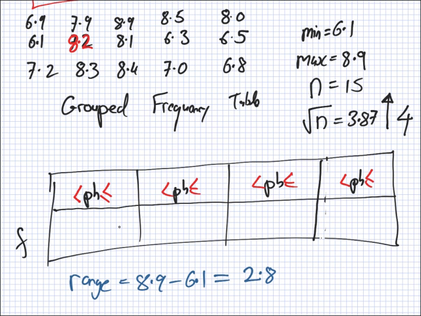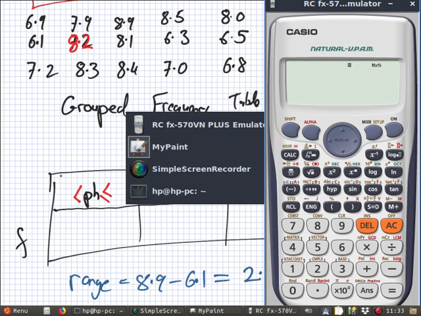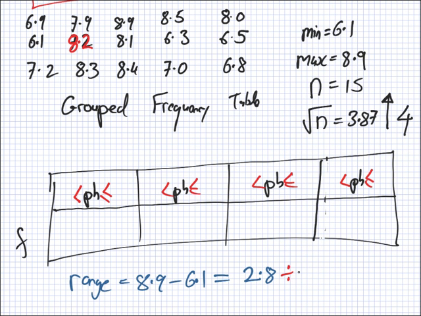My tip here is you should start off by saying what number you want to start with. 6. Now, you're just picking 6 because it's a little bit less than 6.1. You want a good system for picking how far to the left you go. Okay? So what I would do is 2.8 divided by 4, that's equal to 0.7.